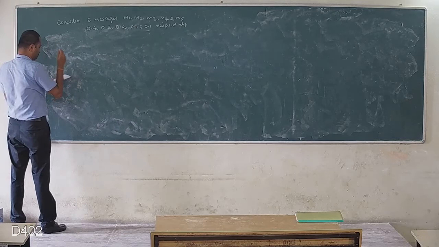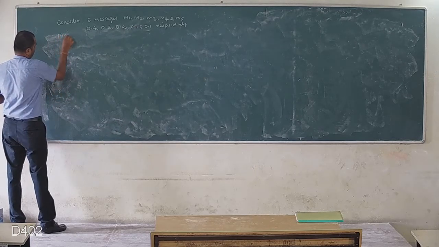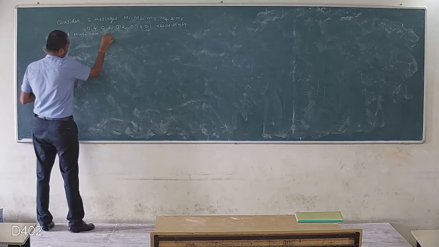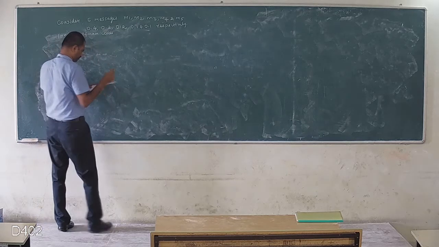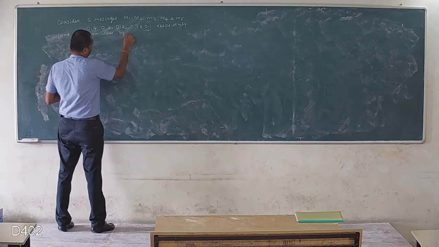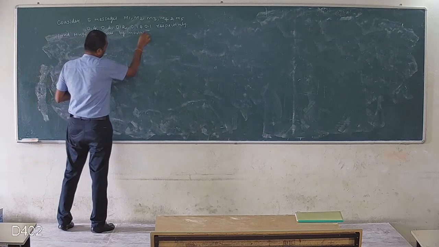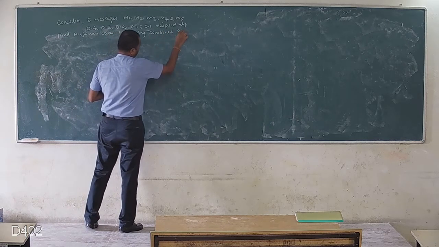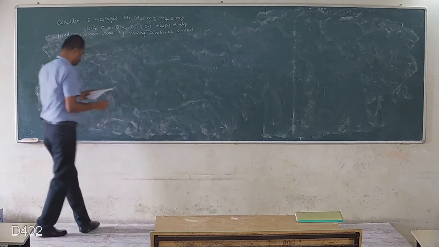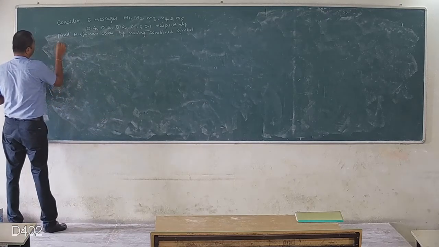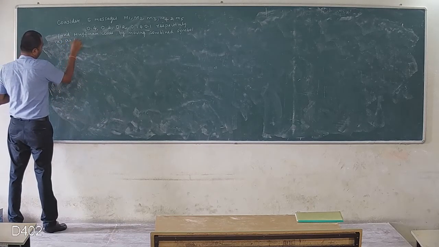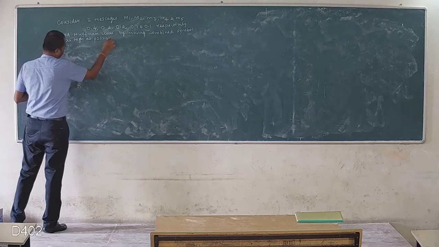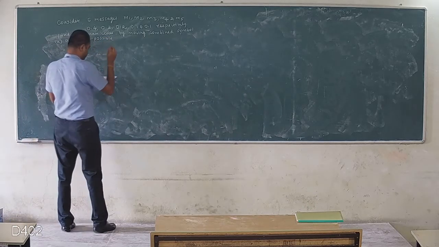Find Huffman codes by moving the combined symbol (A) as high as possible, and (B) as low as possible.